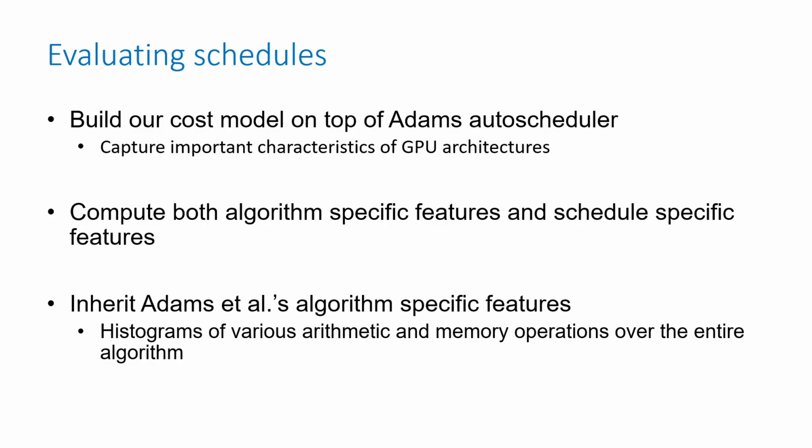The features are based on the algorithm and the schedule as well. It's basically building on top of Adams' autoscheduler. It's basically the same code base, but extended to capture GPU architecture characteristics. And they have a histogram of various arithmetic and memory operations for the entire algorithm in their cost model.